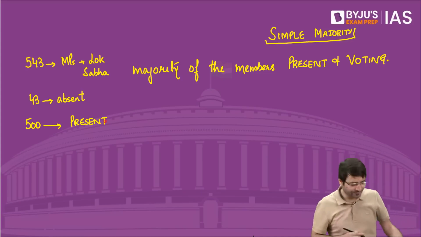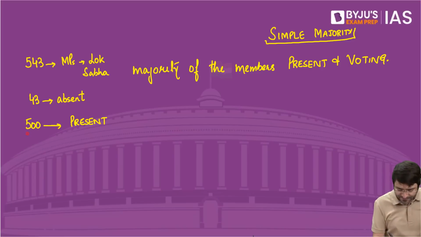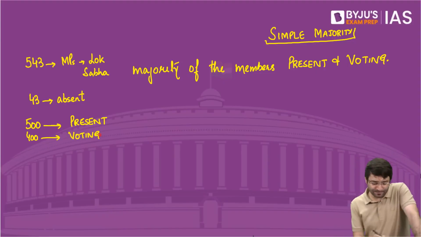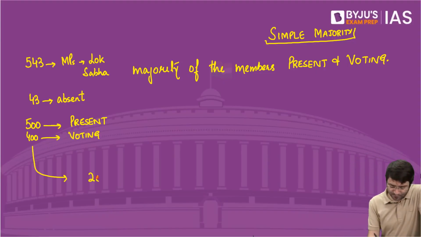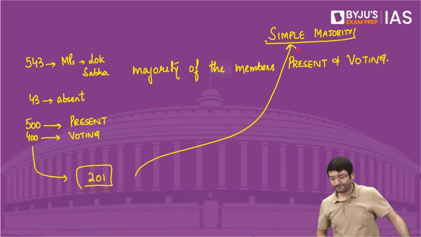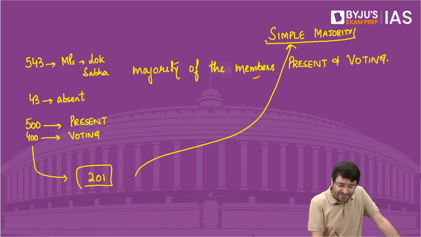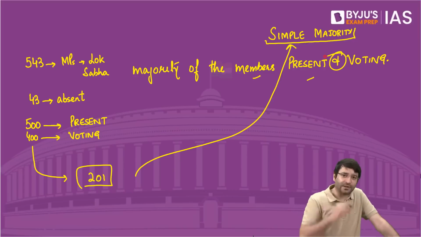For example, out of these 500, only 400 are voting. The simple majority becomes 201. Which means simple majority means majority of the members present and voting.